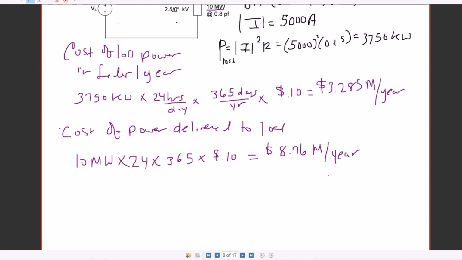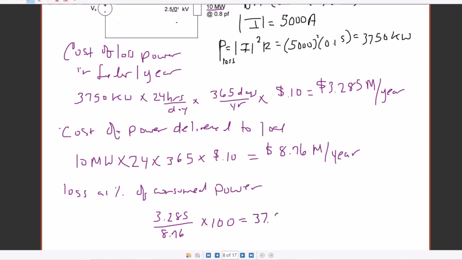All right. So if we want to look at losses as a percentage of the total consumed power, because the consumed power is really what we care about, we care about the power that the load gets, what we do is take 3.285 divided by 8.76 times 100.